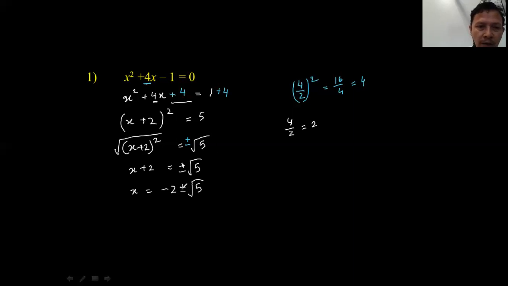We go ahead and write one more time with positive and negative, because this is plus or minus. So x is negative 2 plus root 5, or x equal to negative 2 minus root 5. And you need to use your calculator and find the answer.